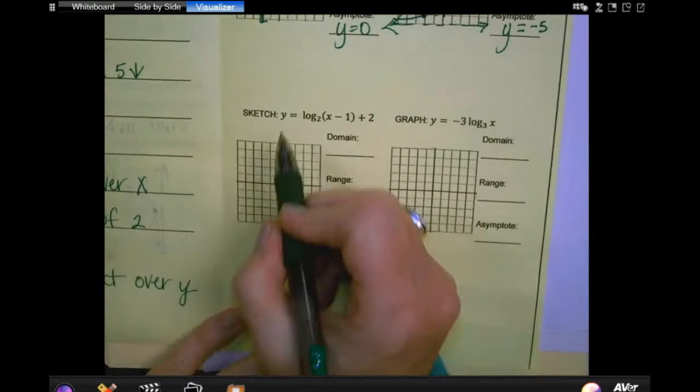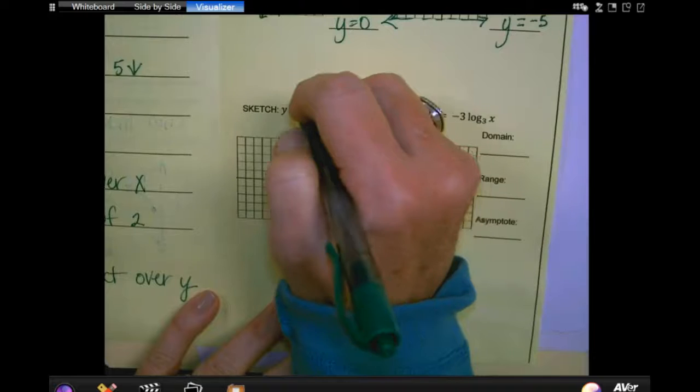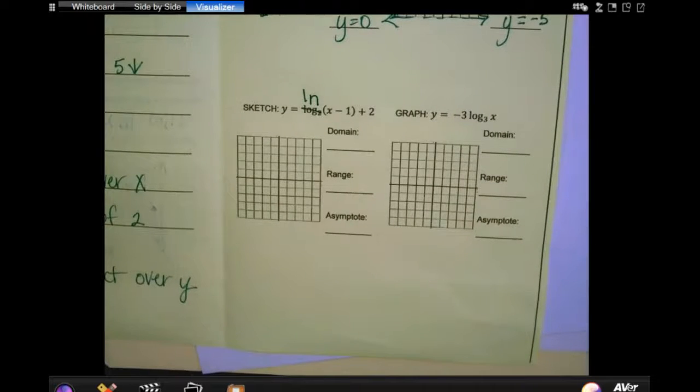So on the next one, change the log base 2 to the ln of x minus 1 plus 2. So if it's a natural log, what number do I start with? 1, 0.